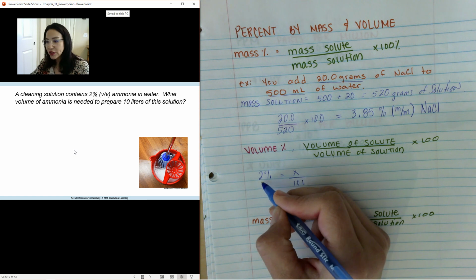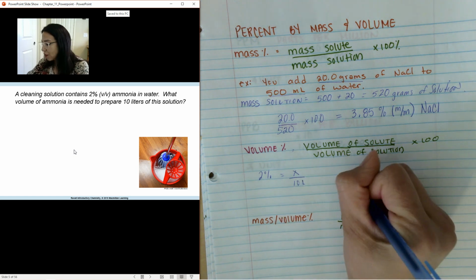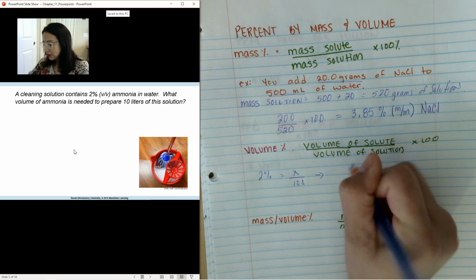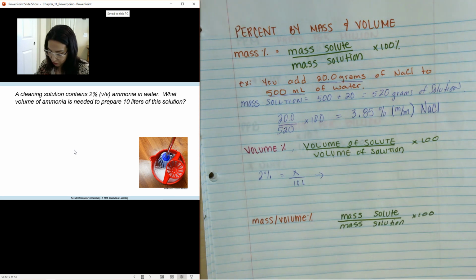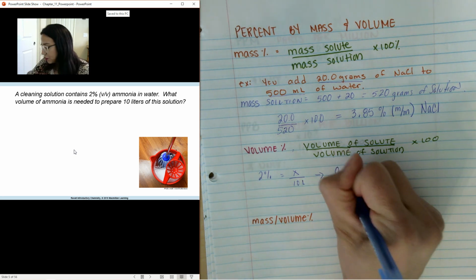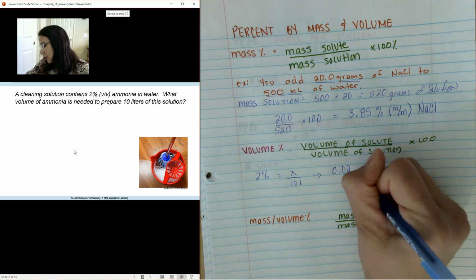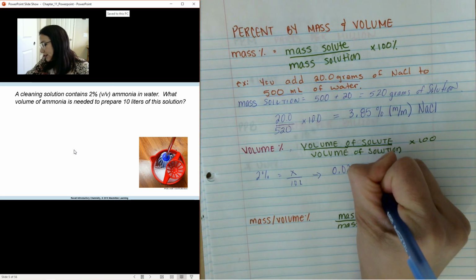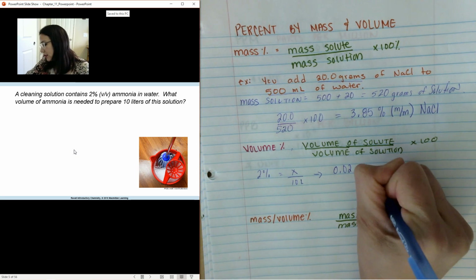So all I have to do is divide by 100 and take it out of the percentage. I take 2 divided by 100, and I get 0.02, and that is equal to X over 10 liters.